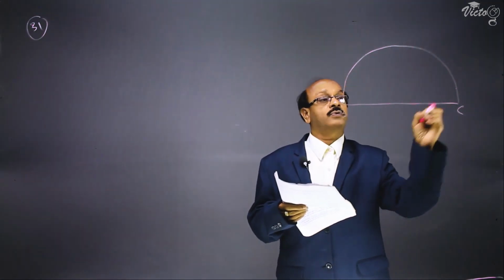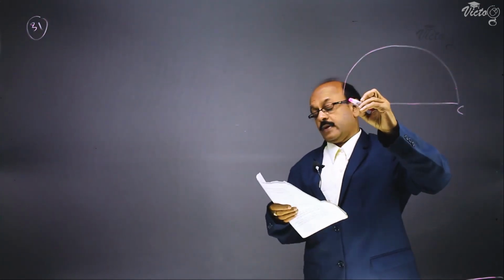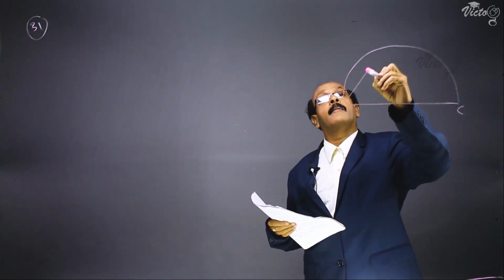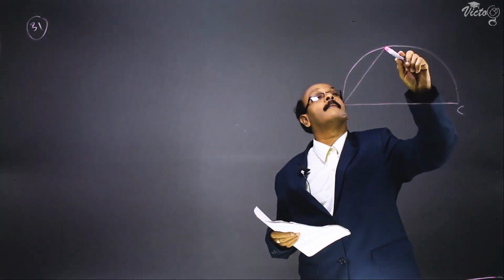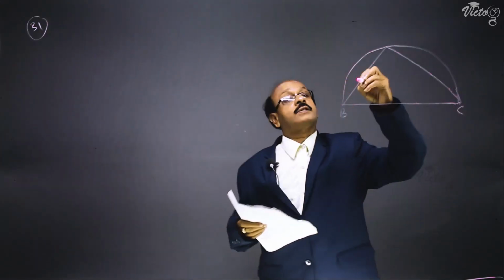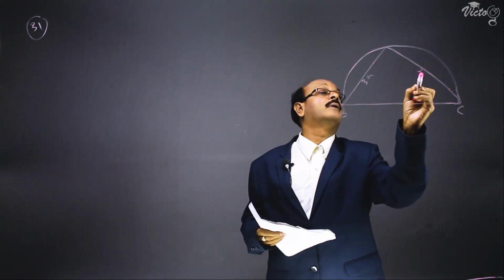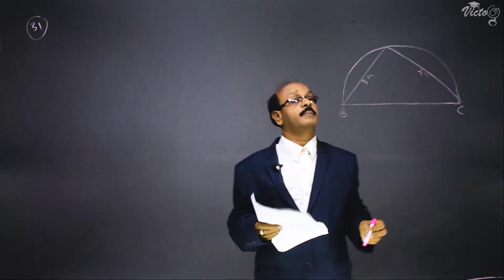We have to find the diameter BC. So, a right triangle is given. It is 3 centimeter, it is 4 centimeter, so we have to find the length BC.